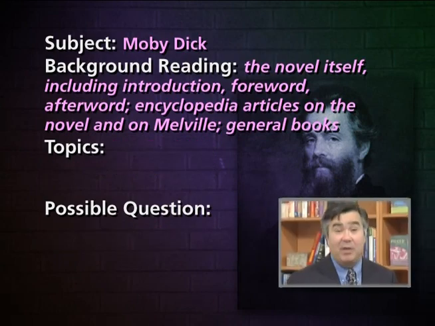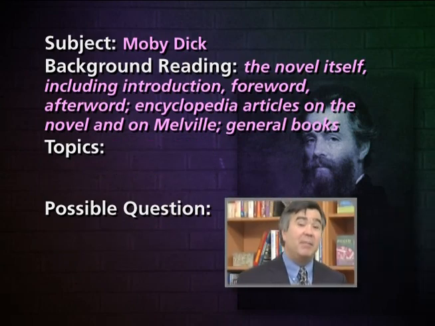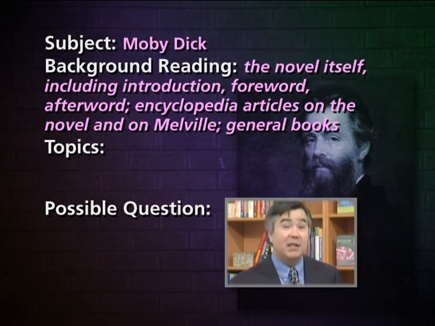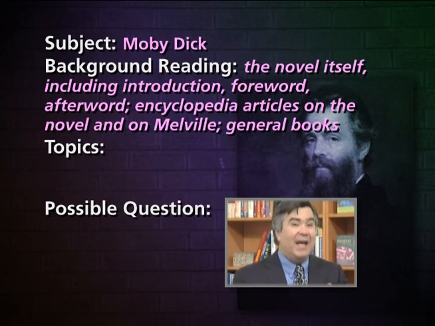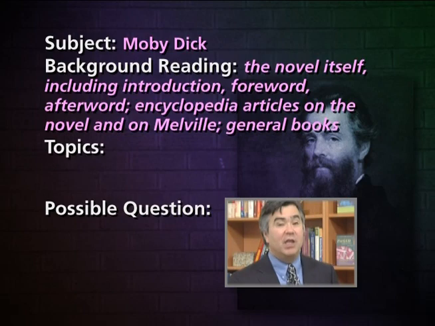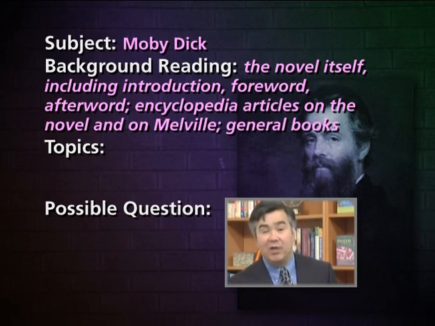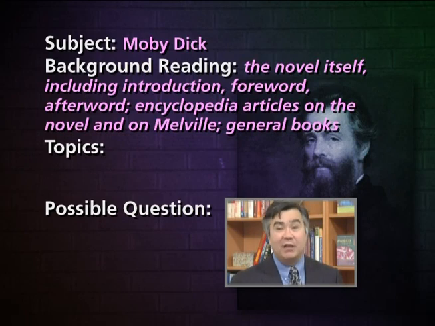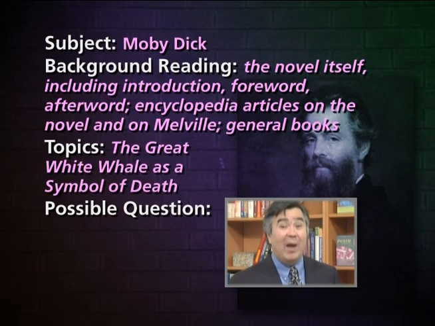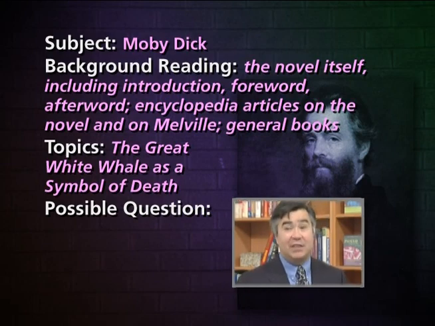Another topic that might be of interest to me might be the symbolism. Many critics have written about Moby Dick and about the fact that the whale itself and the sailors and the ship, all of these elements in the novel all have symbolic meanings, and critics have argued for years about what the exact symbolic meanings are. So I could choose a particular symbol within the entire framework of the novel and make that my topic, such as the great white whale as a symbol of death, an idea that some other critics have set forth.